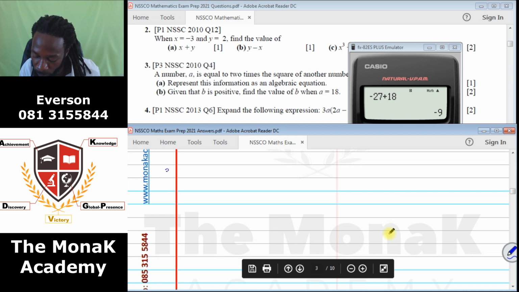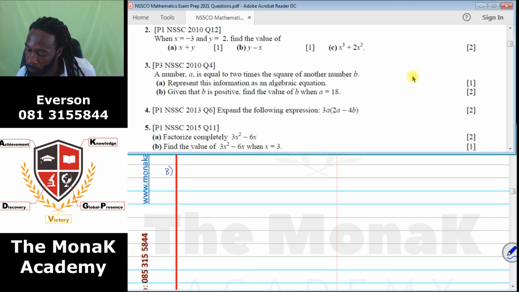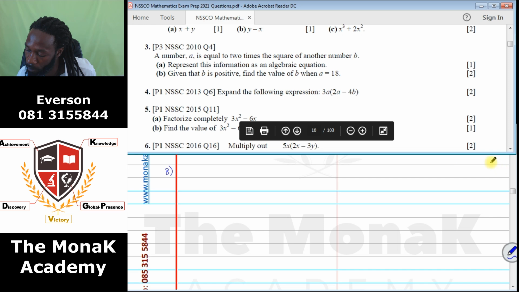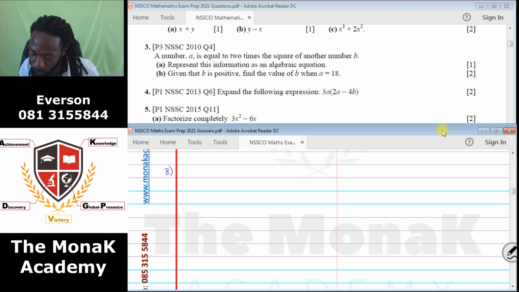Number 3. Number 3 comes from paper 3, 2010, question 4. We go. A says a number A is equal to 2 times the square of another number B. Represent this information as an algebraic equation.